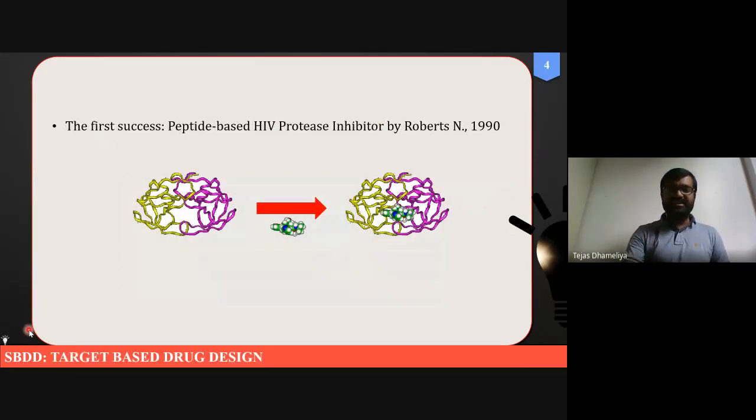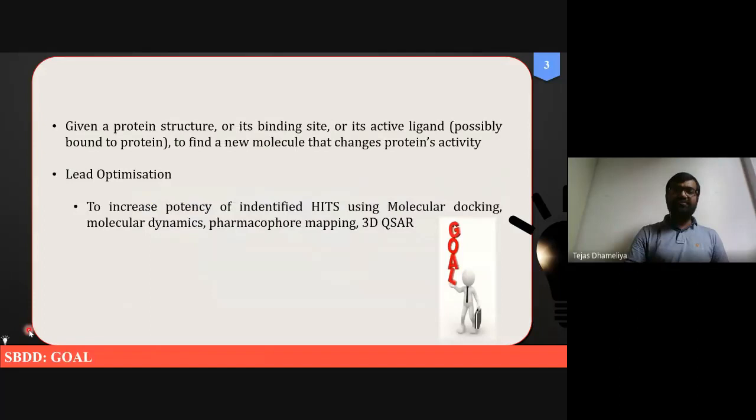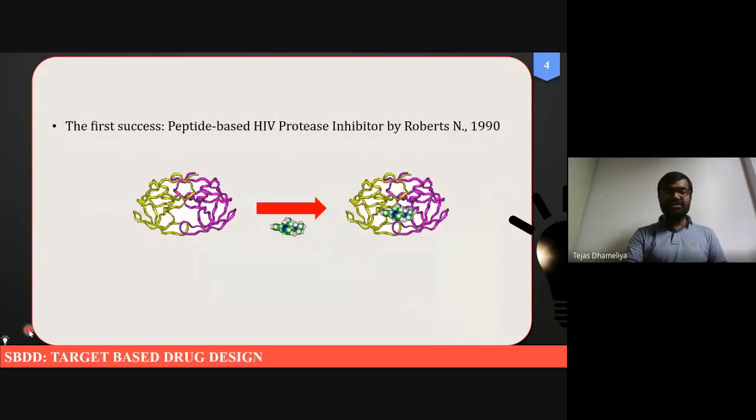It is an approach where, if we know the structure of a protein with a certain active site, then a molecule that binds to this protein can show inhibition.